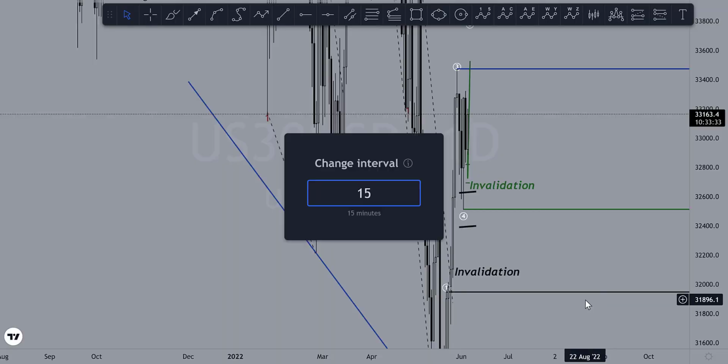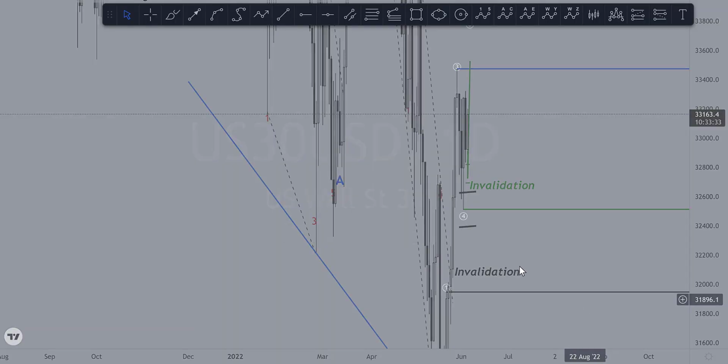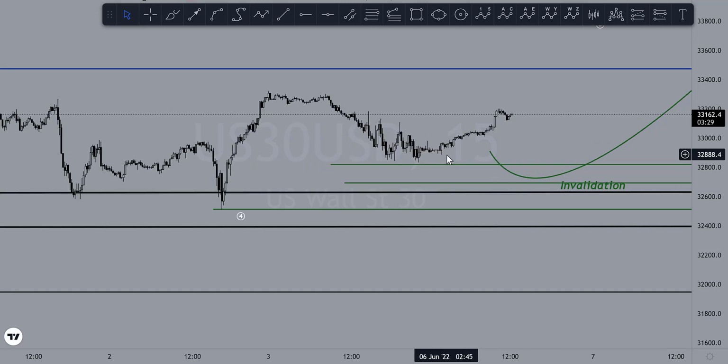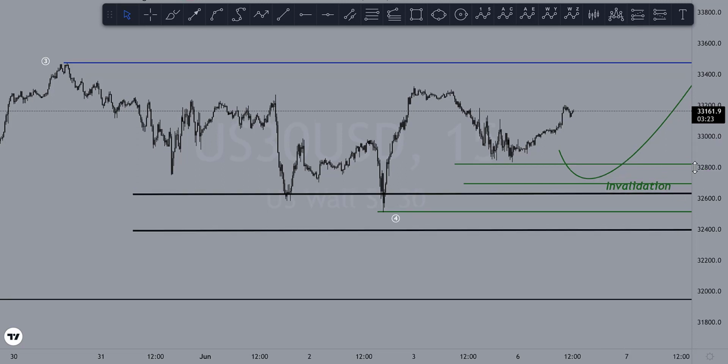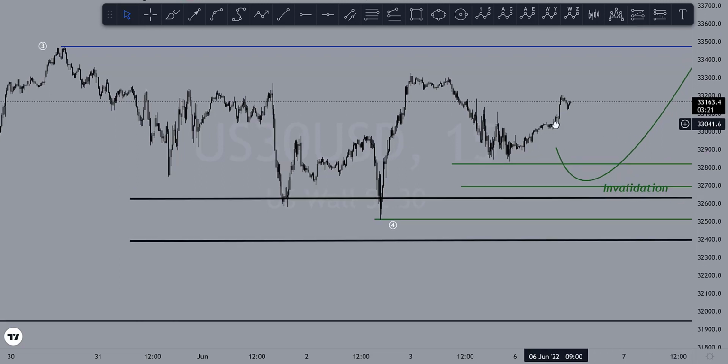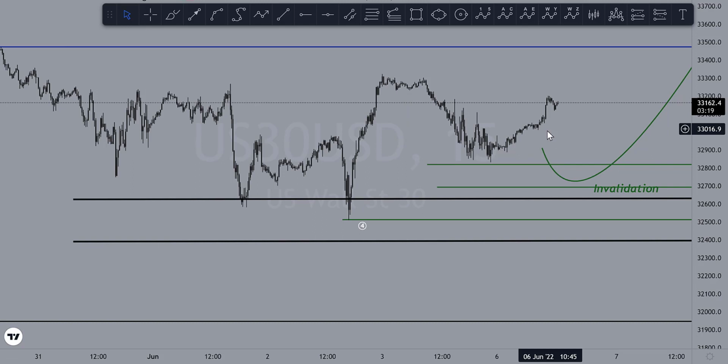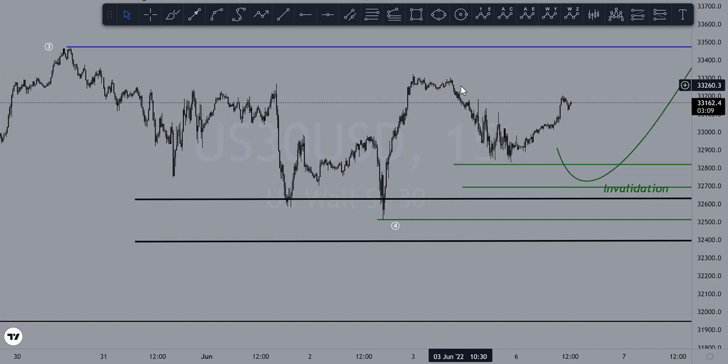M15. Right, so this is M15 there. M15 is not as clear as we would want. So let's wait to see what's going to happen at this point here. If they take up this high, then we know that there is willingness to push to the upside.